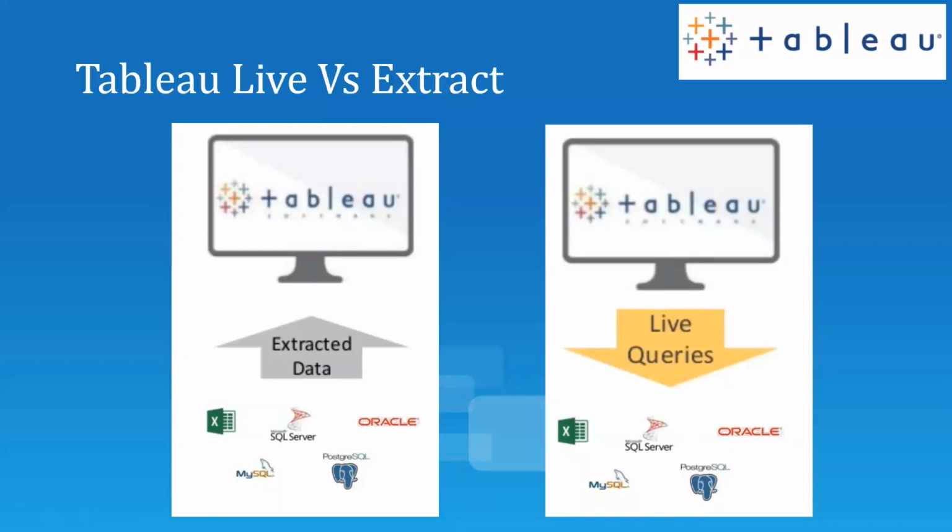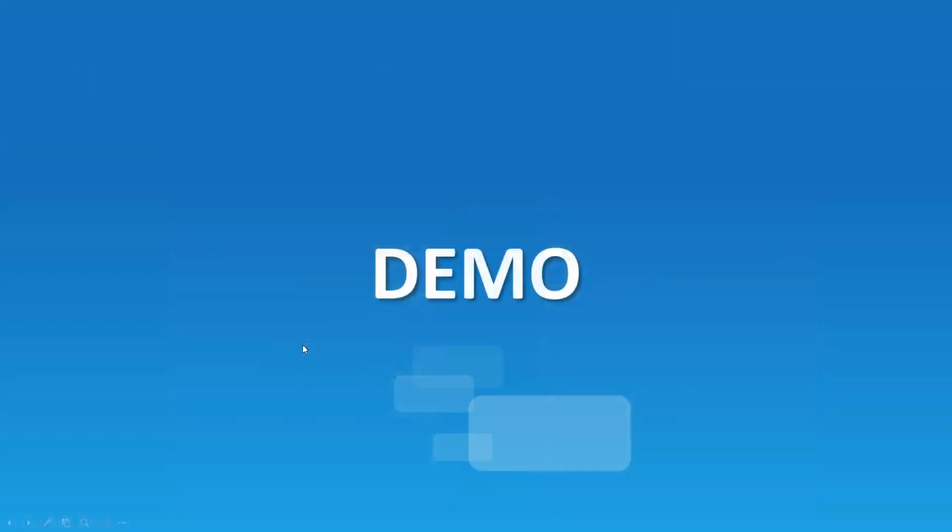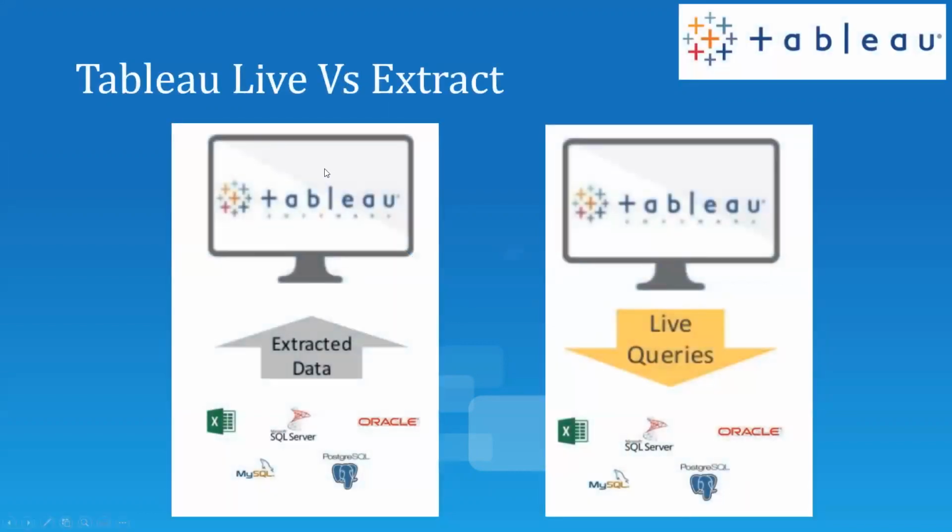That means we have to schedule the refresh time, for example once per hour. Those kinds of things we need to do. And when we extract the data, it's very easy to visualize it. It's very fast.